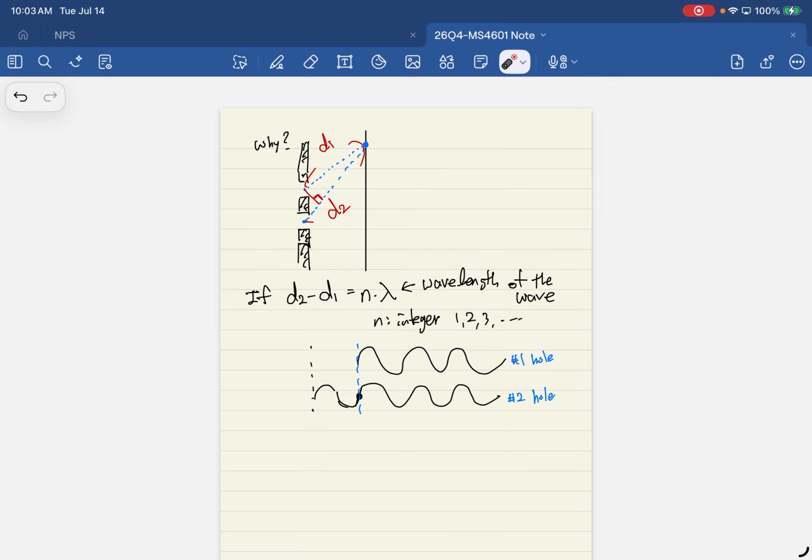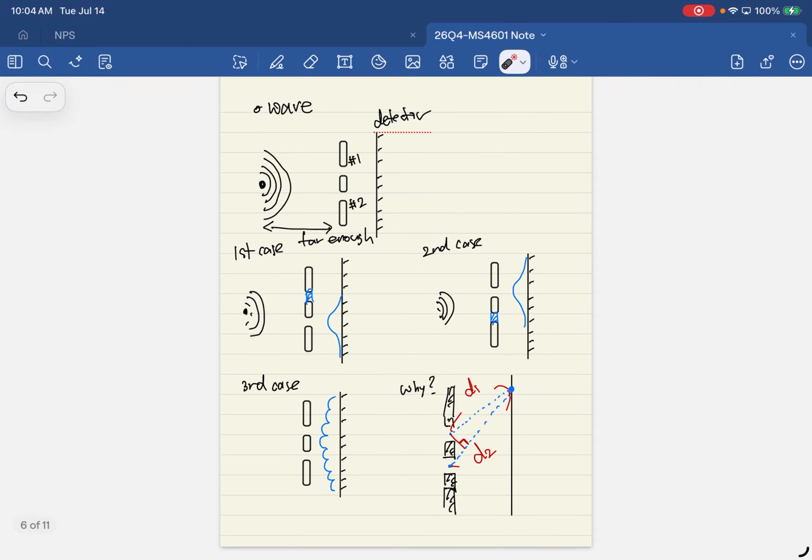Here we are just looking at this point, but as we move away from it, the difference between D2 and D1 becomes larger and larger. Does it make sense? Because of that, we have this n times lambda, and then we have these ripples going up and down.